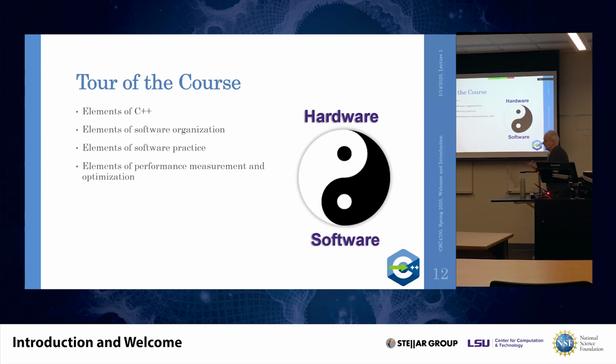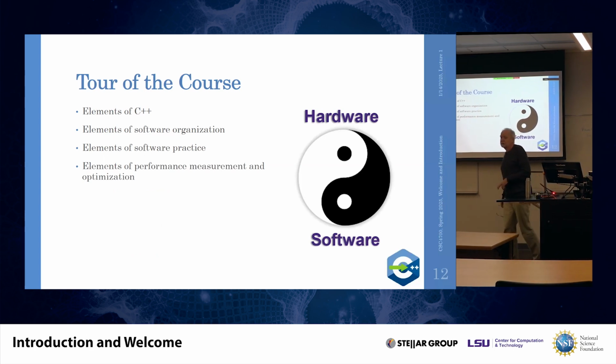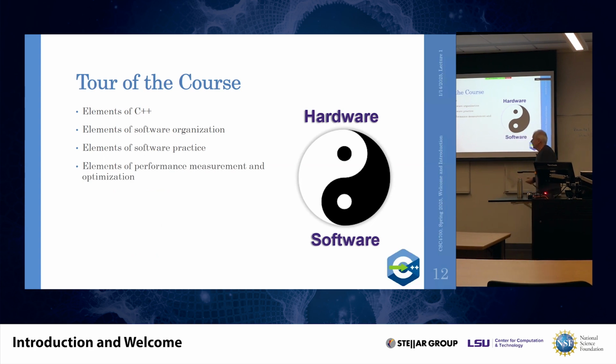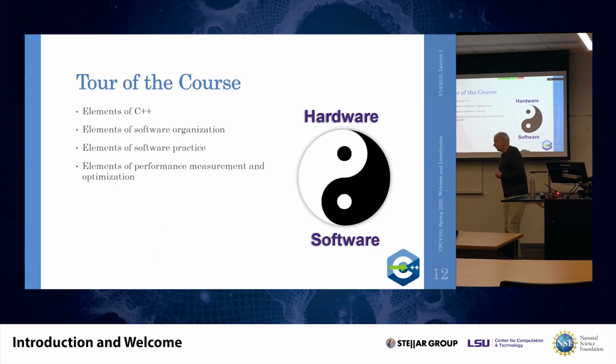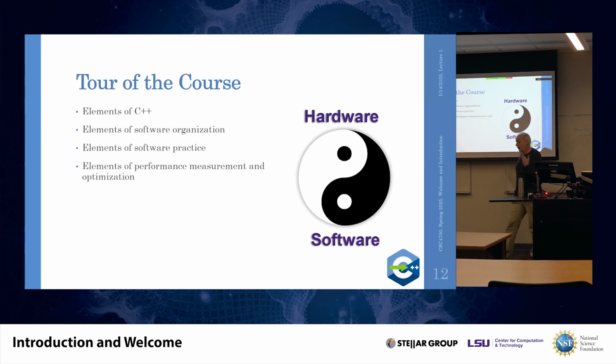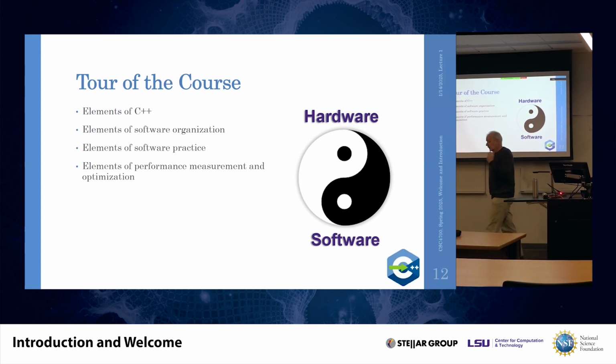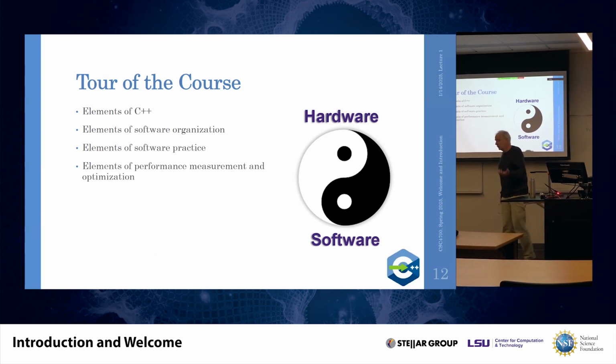So we will see elements of C++, we will see elements of software organization, we will see elements of software practice, and we will see elements of performance measurement and optimization. So it's not just C++ or not just parallel programming models. It is very much about how to develop software, what are the approaches we can take, and how can we write better code.